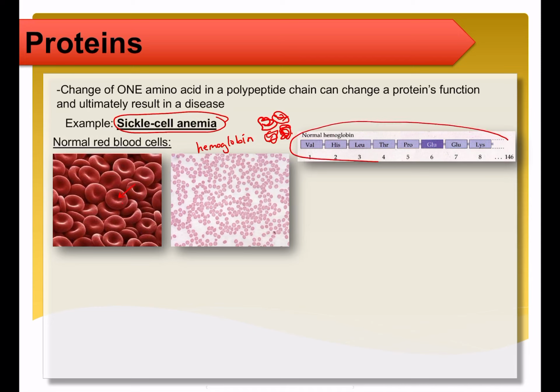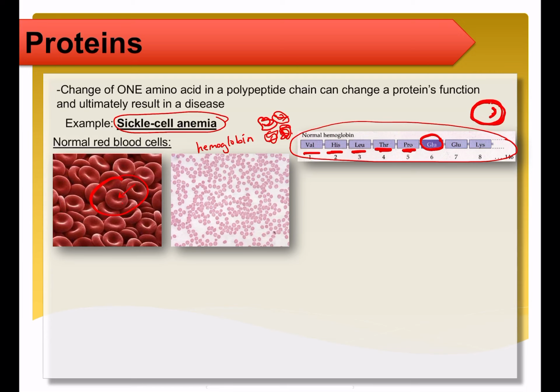This is the normal hemoglobin amino acid sequence, with valine being the first one, then histidine, leucine, threonine, proline, and then glutamate right there. So when the sequence of the hemoglobin is correct, it will fold up in such a way that gives the red blood cell a very nice circular structure. Okay, that's why we see red blood cells with a circular structure, just like this right here. And then they will be able to deliver oxygen efficiently.